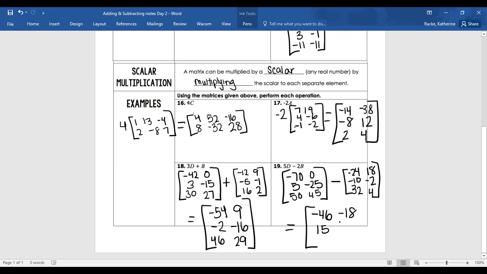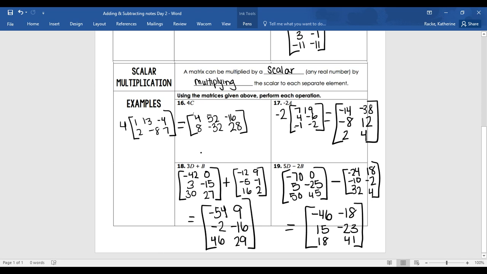Negative 25 minus a negative 2, so negative 25 plus 2 is going to give me negative 23. 50 minus 32 is going to give me 18. 45 minus 4 is going to give me 41. And that would be your final answer, a 3 by 2 matrix.